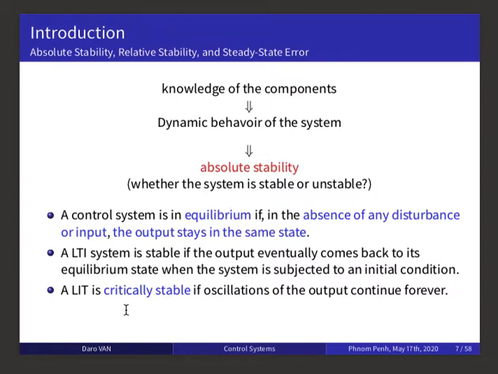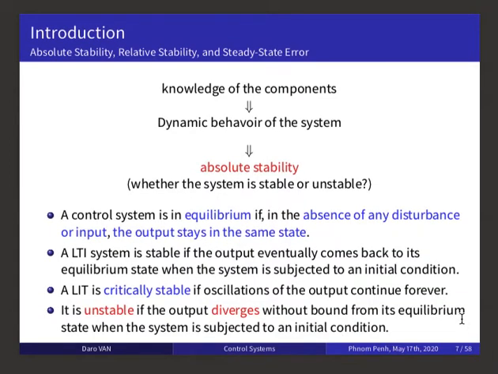An LTI system is critically stable if oscillations of the output continue forever. And it is unstable if the output diverges without bound from its equilibrium state when the system is subjected to initial conditions.